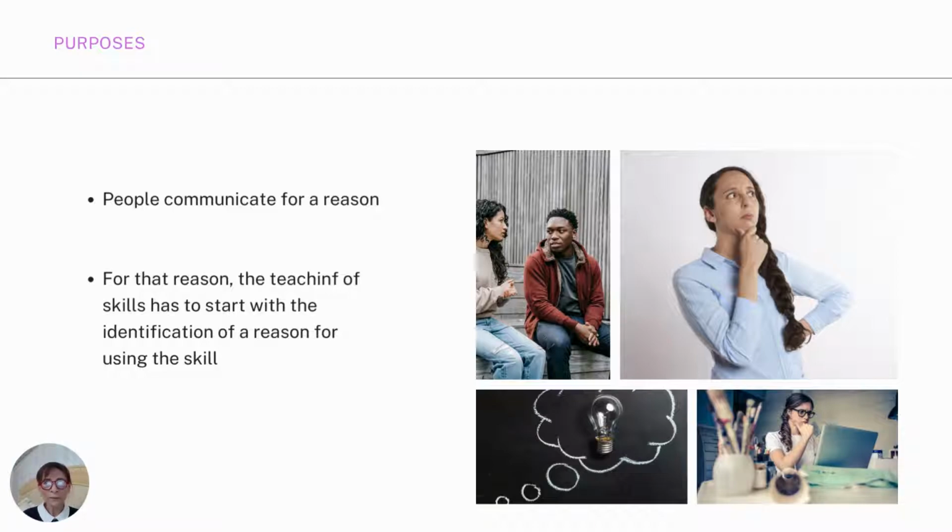For that reason, when a teacher teaches skills, he or she needs to find the purpose to learn skills. In this case, teachers need to identify the reasons. In this way, teachers can motivate students to learn skills.